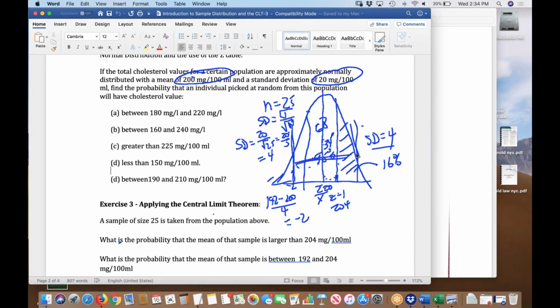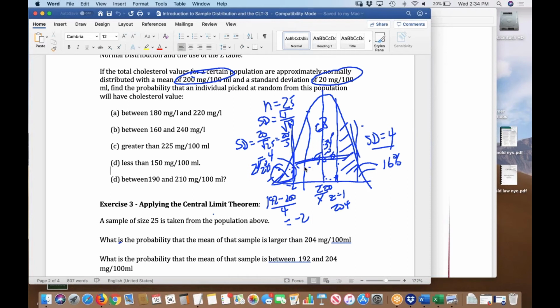If 95% is accounted for here, and this distribution is symmetrical, only 5% is left. That 5% is evenly distributed between this tail and this tail up here. So this tail would be 2.5%, right? So this would be 2.5%.